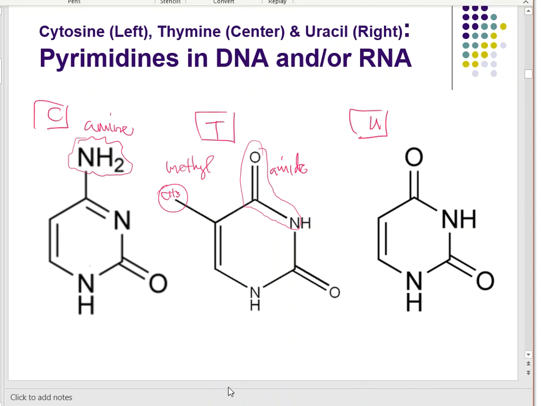And then over on the right-hand side, we see the C double bond O with the nitrogen again. So there is our amide functional group. That's really it. Those are our 3 choices. You either get an amine, or you get an amide, or you get an amide with a methyl group.